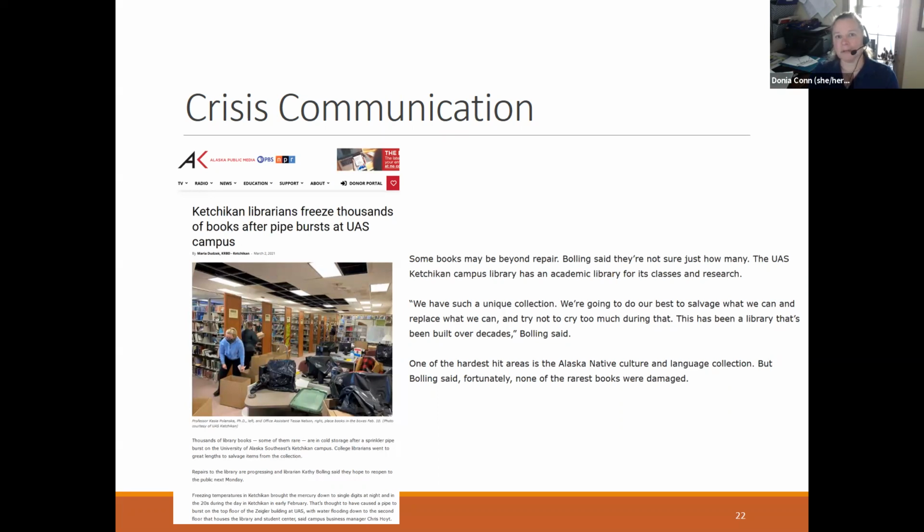We start to build out our ICS command structure. And so now all of a sudden, our communication is shifting. We're not all talking to each other in every direction.